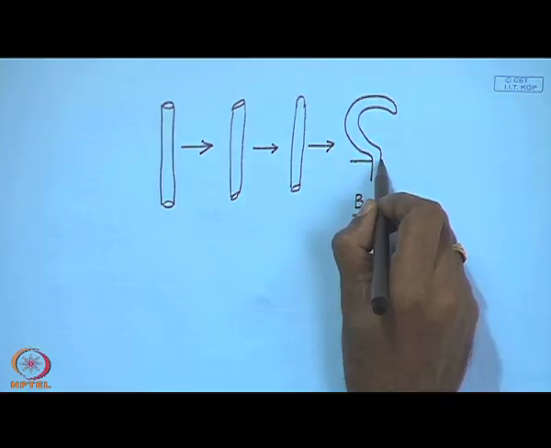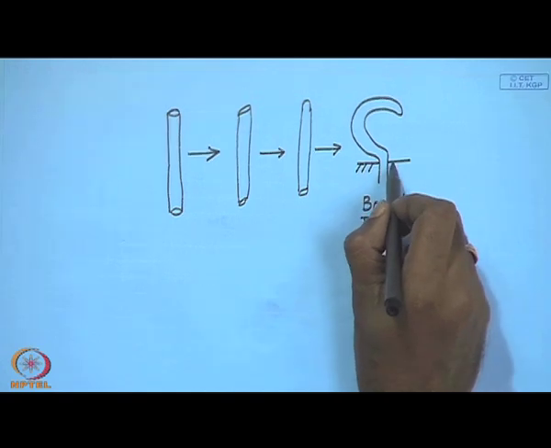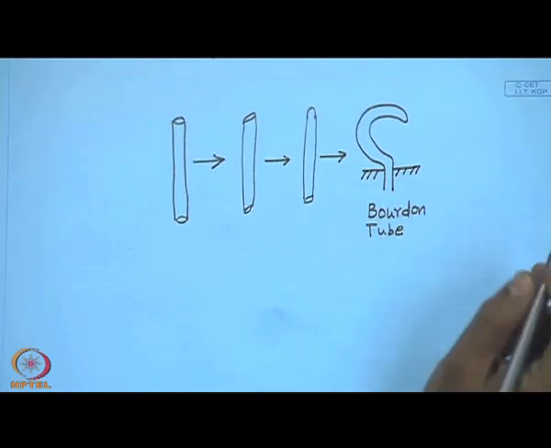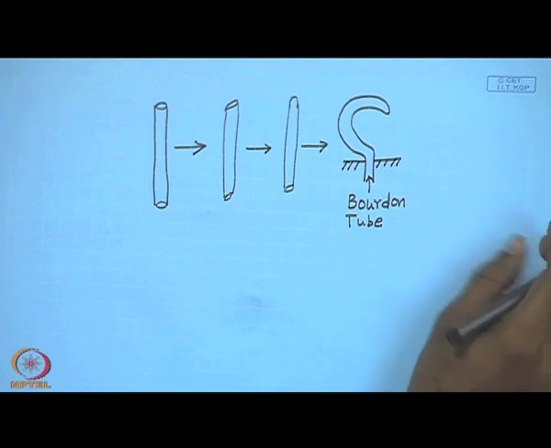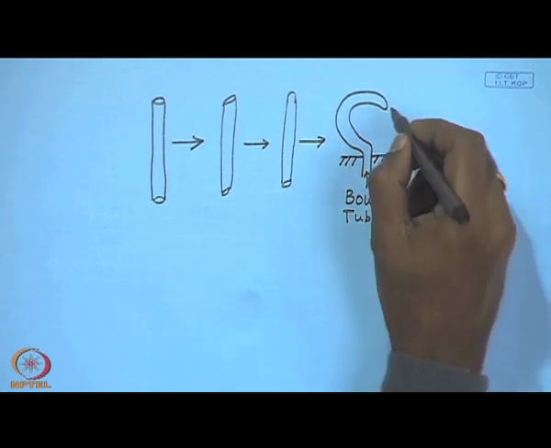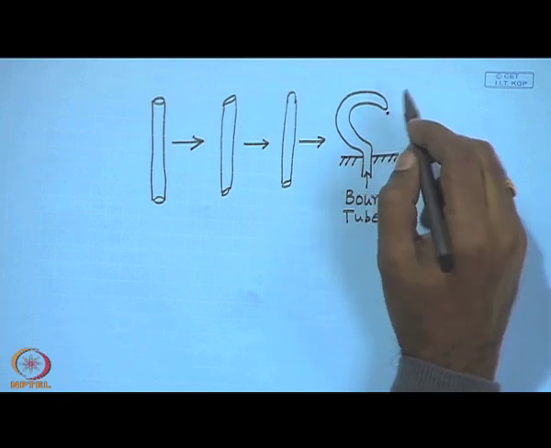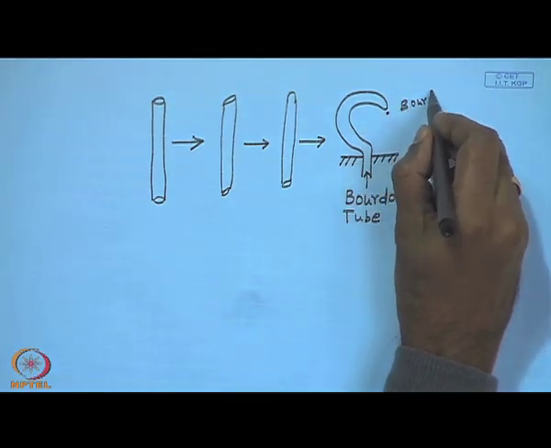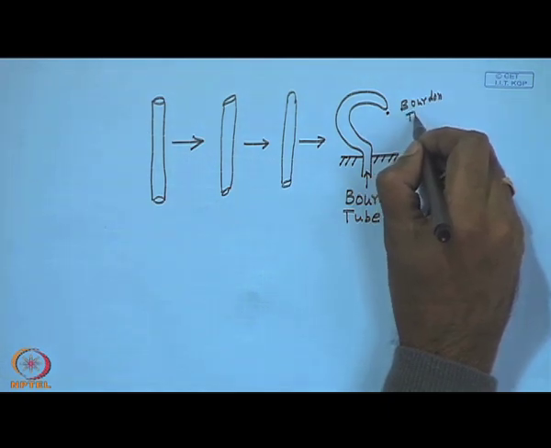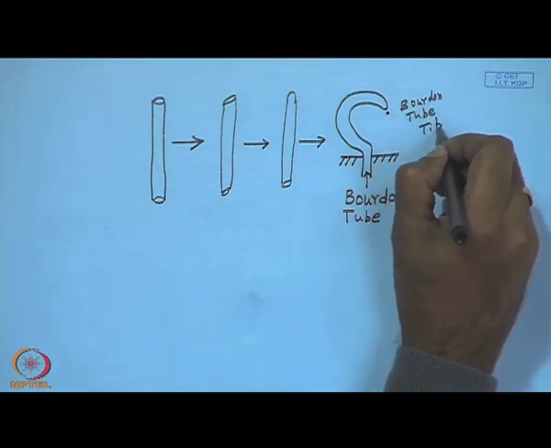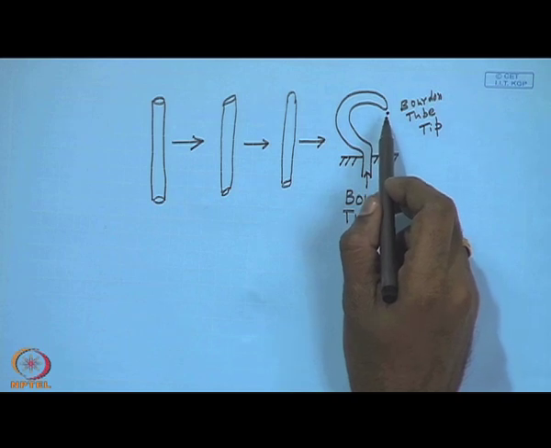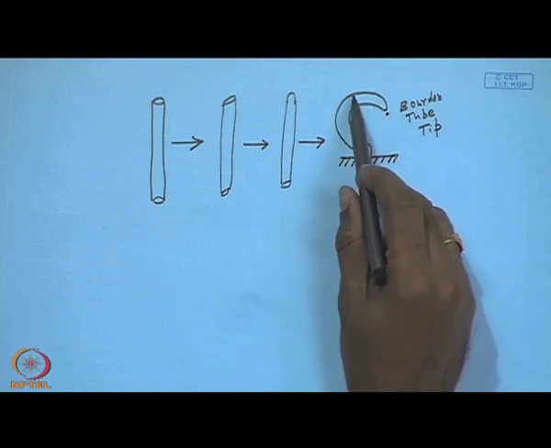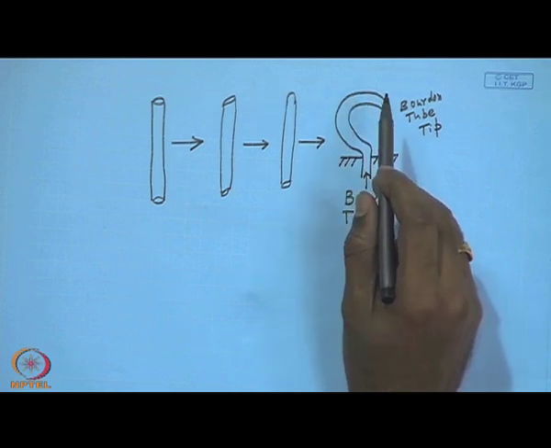Now, if I keep this end of the Bourdon tube rigidly fixed and apply a fluid pressure inside the Bourdon tube, the tip of the Bourdon tube will deflect. This is the Bourdon tube tip. Now, the tip deflection depends on various factors such as the material of construction of the Bourdon tube, usually metals with good elastic properties are chosen.